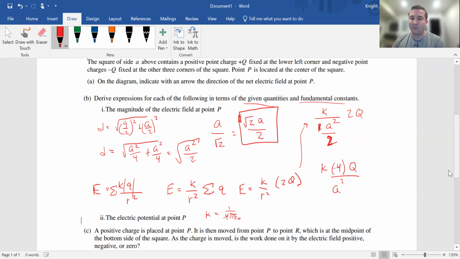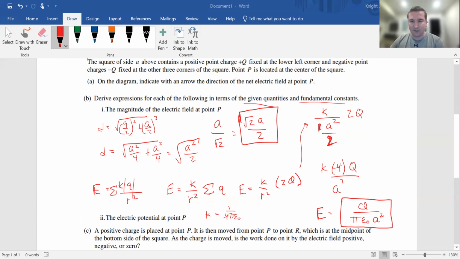The 4 would cancel with the 4 here, and we would get Q over pi epsilon naught a squared as the value for the electric field. And we're talking about magnitude, so we don't even need to put a direction on that. We just get Q over pi epsilon naught a squared.